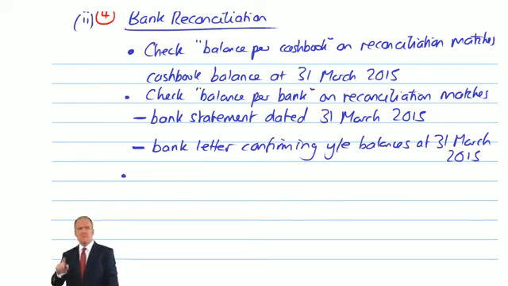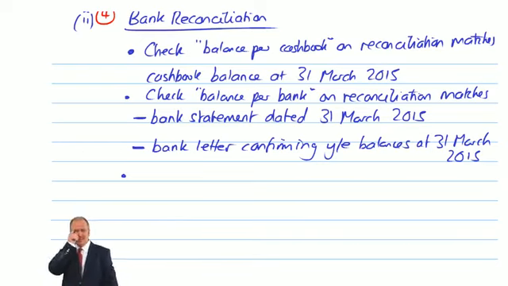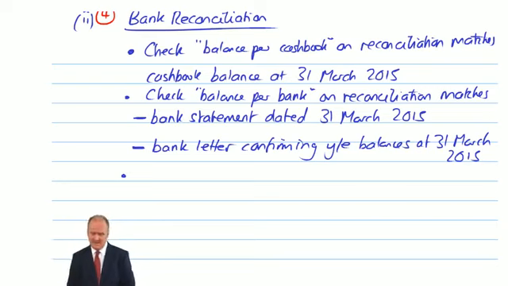Right, the numbers in the middle of a bank reconciliation are typically payments the company claims to have made which have not hit the bank yet, or money the company claims to have received which has not hit the bank yet. And in both those cases, if they're telling the truth, those things should be clearing on the bank statements at the beginning of April, just after the year end.